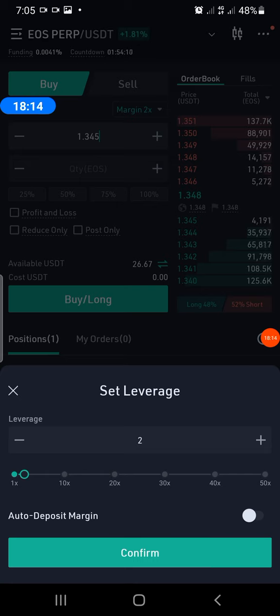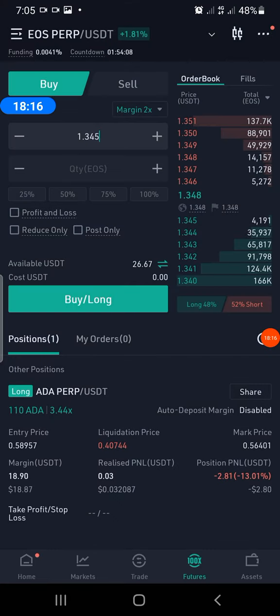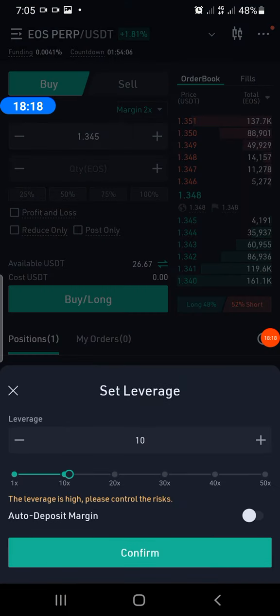So when you are using a 10x leverage with a capital of $20, the exchange will give you 20 times 10, which is $200 in trading.